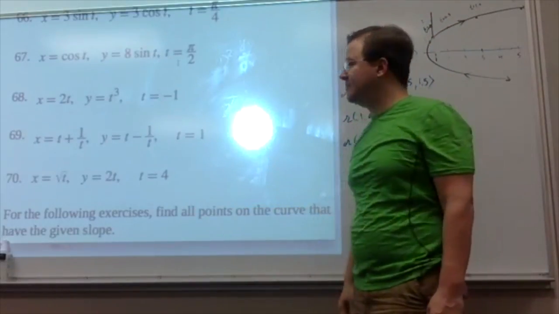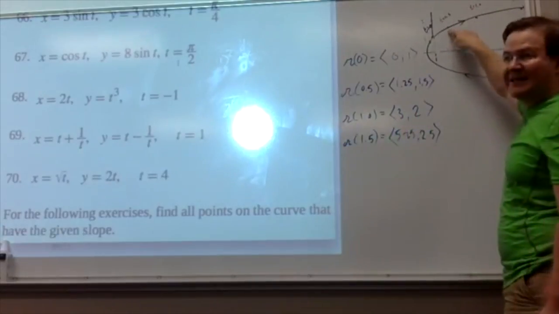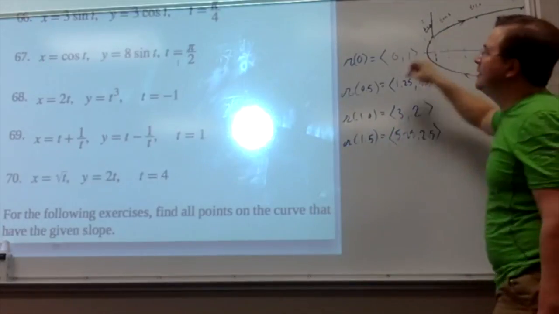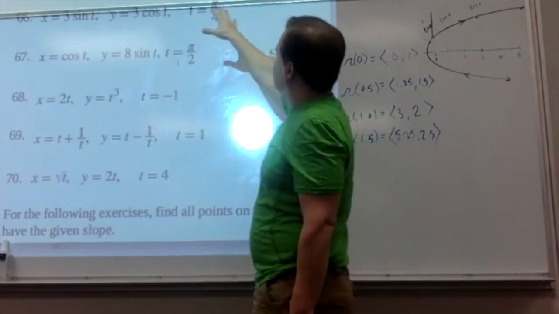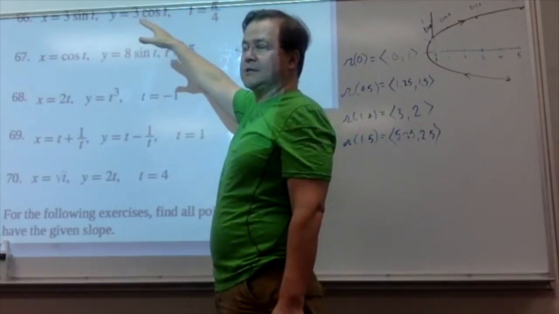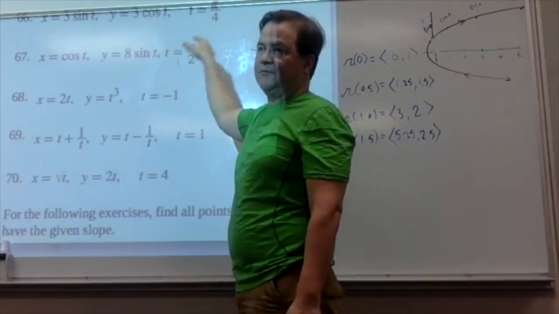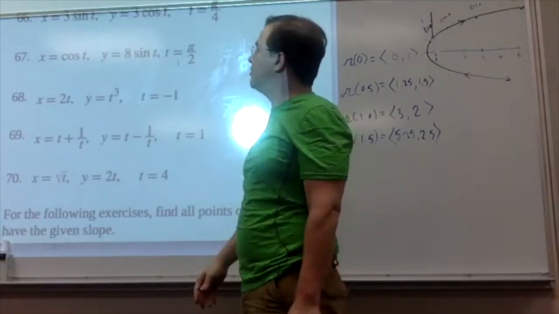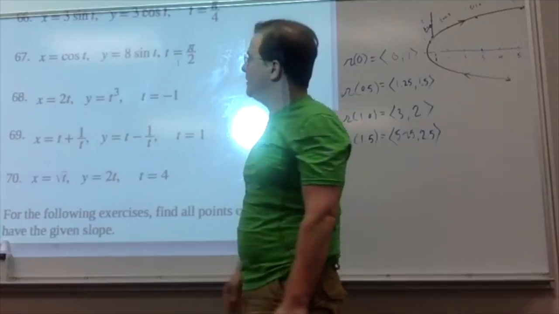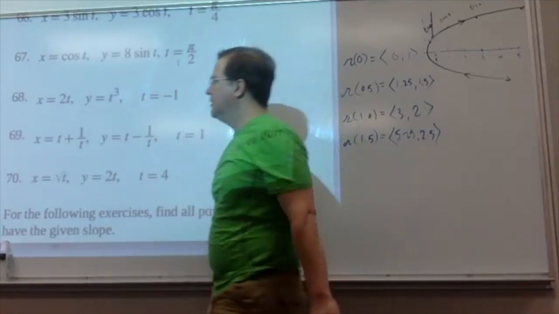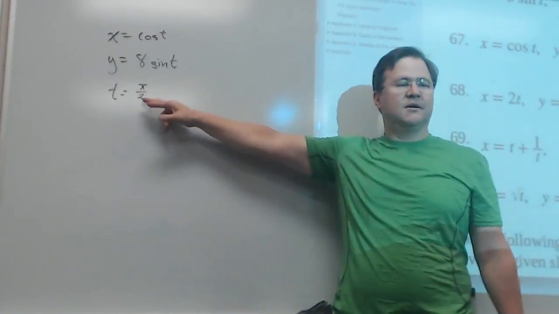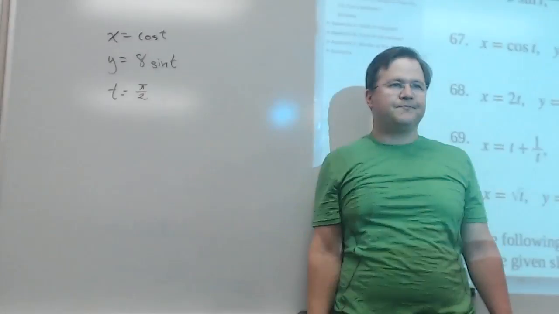Like when t equals 0.5, that's that specific point on the curve. And at that point, I'd like to know the slope of the tangent line. That's the hard part. Once you know that, finding the equation of the tangent line should be pretty straightforward. The given parameter in this case is pi over 2.